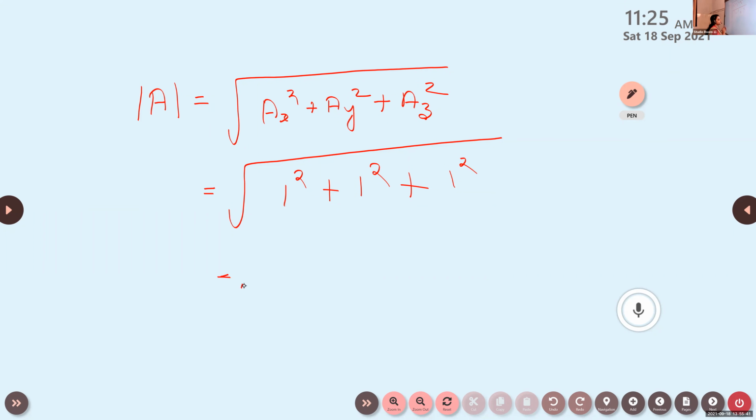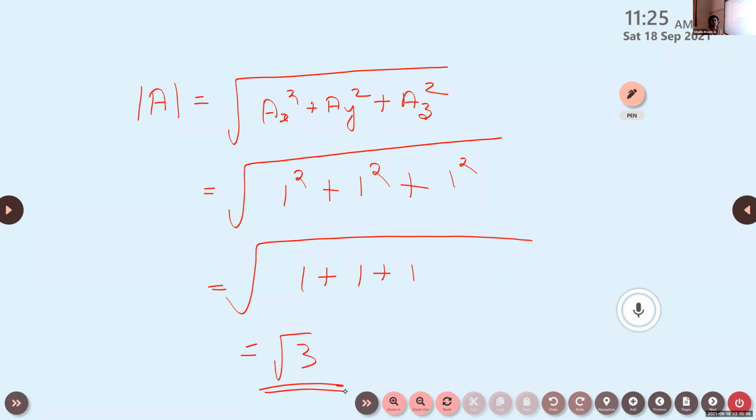That is equal to root of 1 plus 1 plus 1, that is equal to root 3. So the magnitude of vector A is root 3.